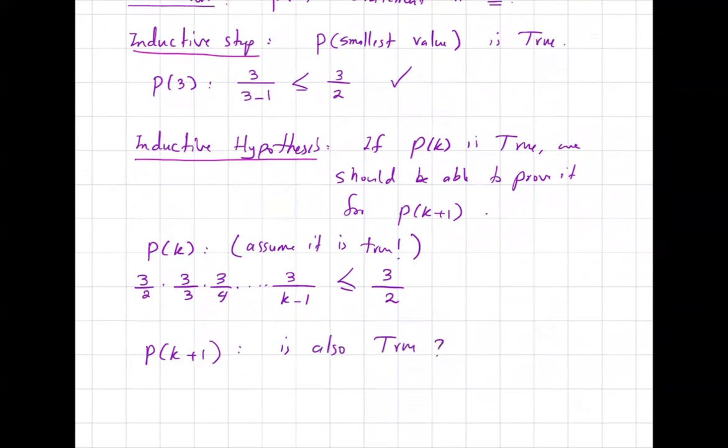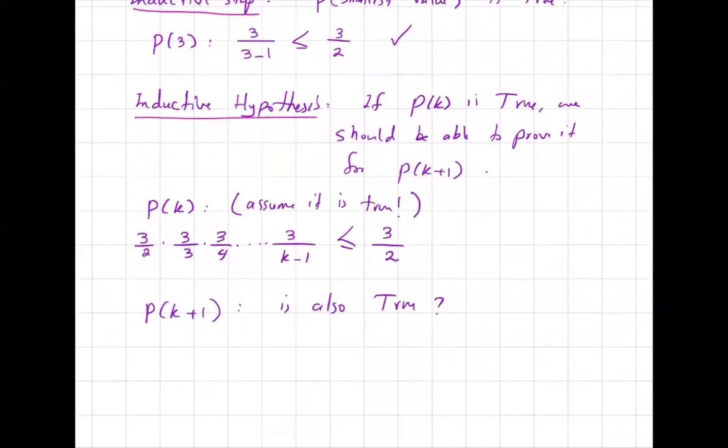So what is P(k+1)? P(k+1) can be written as 3 divided by 2 times 3 divided by 3 times 3 divided by 4 times dot dot dot times 3 divided by k minus 1 times 3 divided by k+1 minus 1.